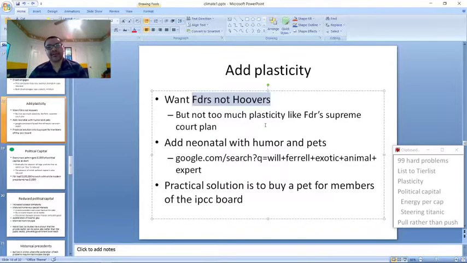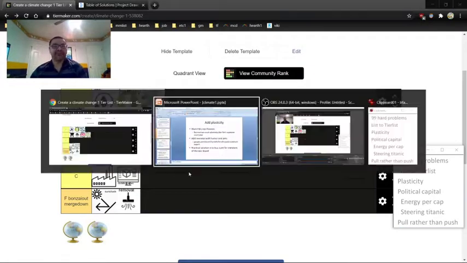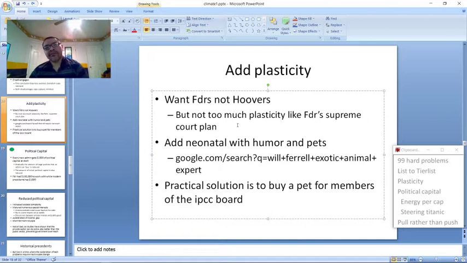But Hoover said everything is set in stone and no component should be moved around. But with FDR, we can't have too much plasticity, like FDR's Supreme Court enlargement plan. One way to add plasticity is by neonatal humor and pets. A practical solution is to buy a cute pet for members of the IPCC board.